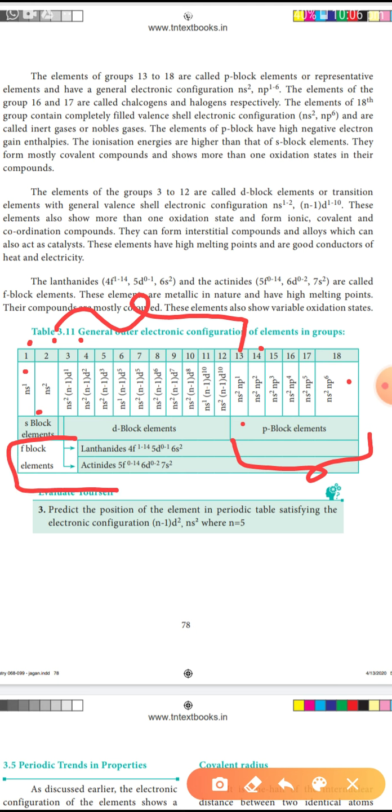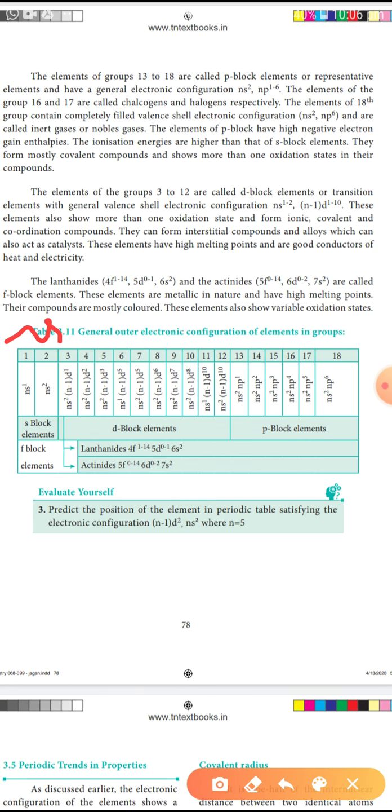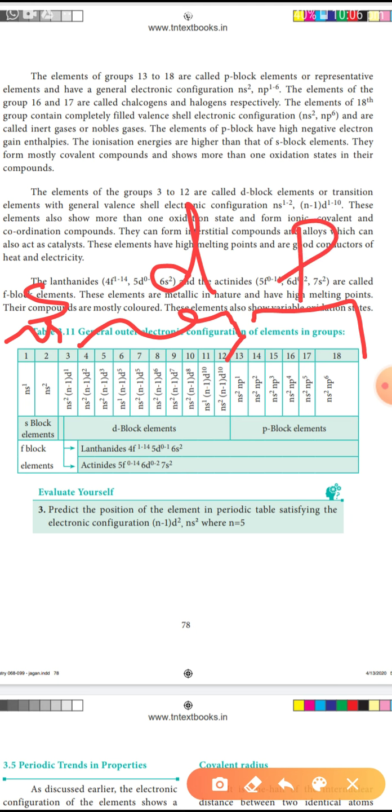So groups 1 and 2 are s block elements, groups 3 to 12 are d block elements, groups 13 to 18 are p block elements, and these two series are f block elements.